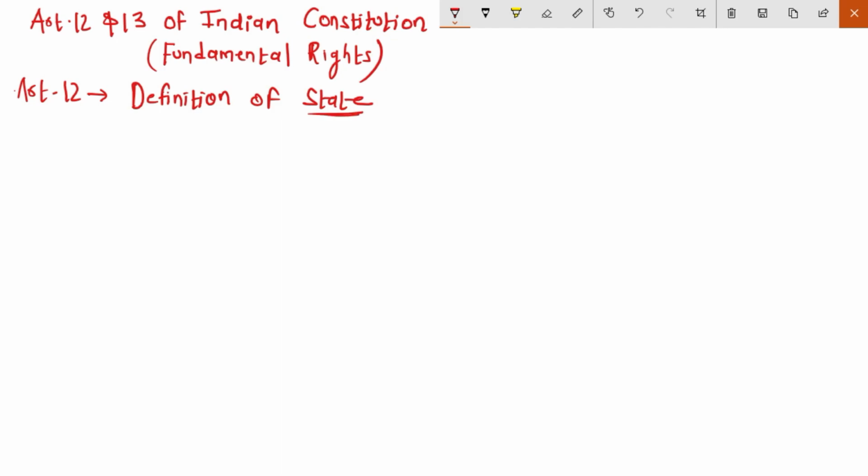According to Article 12 of the Indian Constitution, the following things are included under the definition of state. One thing more I would like to share: kindly do not confuse this with the term state, which is used to denote the territorial area. That is far bigger. Suppose, for example, in India there is a state, Uttar Pradesh.